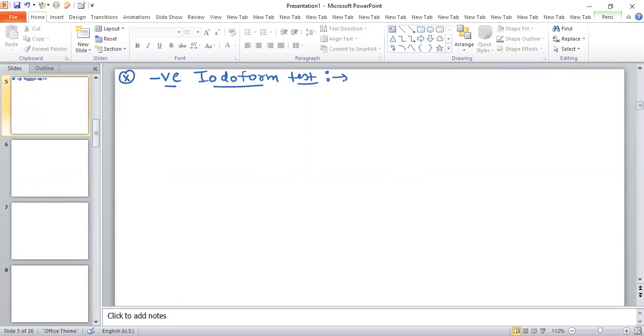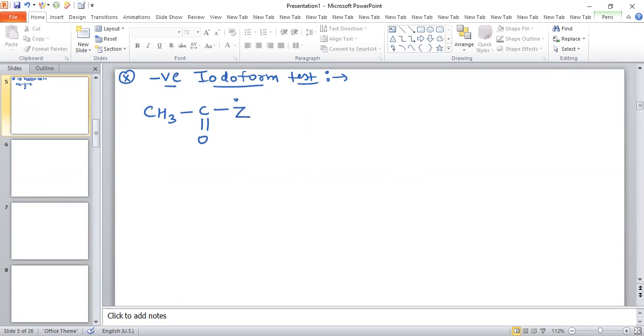Now see, if the compound is like this, CH3 C double bond O, and this C double bond O is attached with a Z group.